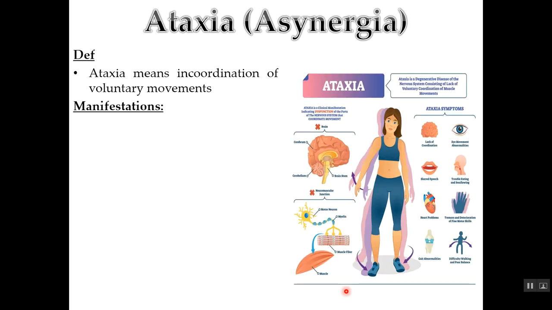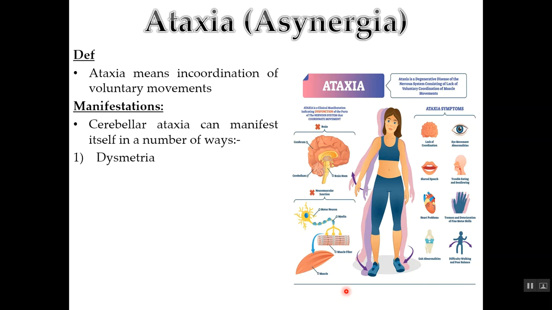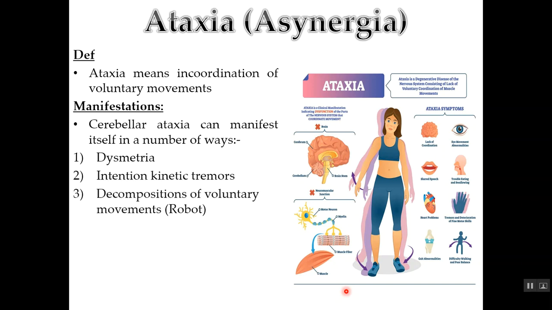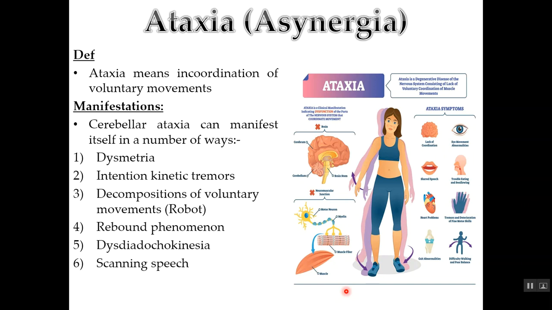What is meant by ataxia or asynergia? Ataxia means incoordination of the voluntary movement. What are the signs and symptoms of cerebellar ataxia? It is manifested by dysmetria, intention kinetic tremors, decomposition of the movement, rebound phenomenon, dysdiadochokinesia, scanning speech, and finally unsteady gait, staggering gait, or drunken gait.